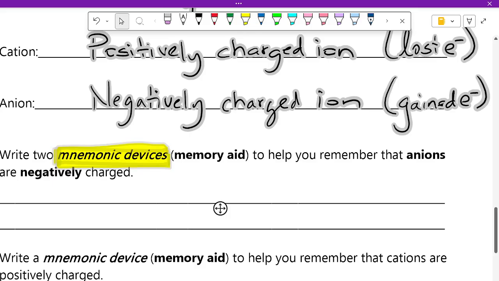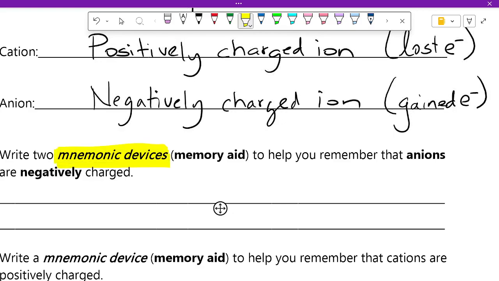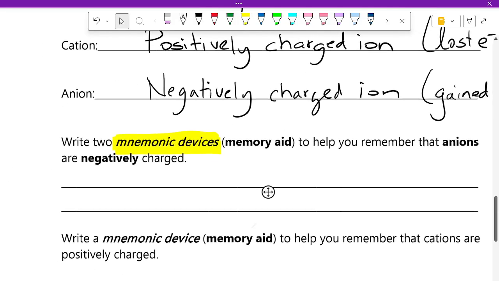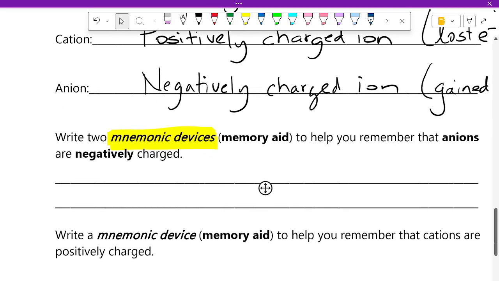I guess it's a term they use in psychology, something to help you with your memory, because the word mneme is from the Greek for memory. What is a mnemonic device? Tell your partner one to help you remember that anions are negatively charged.